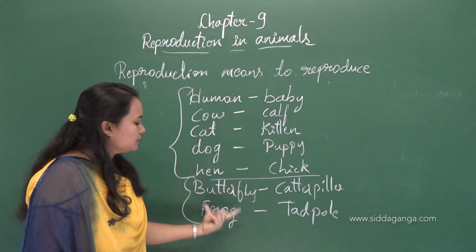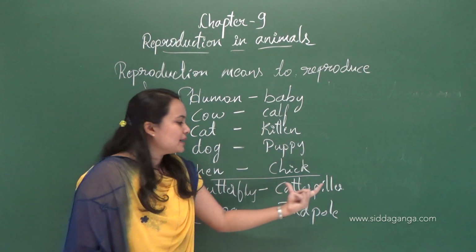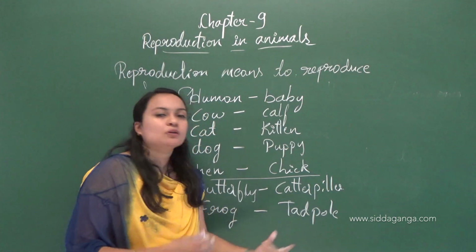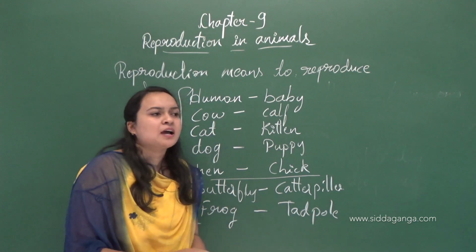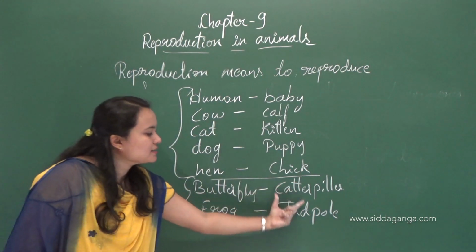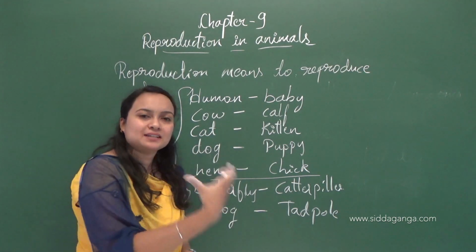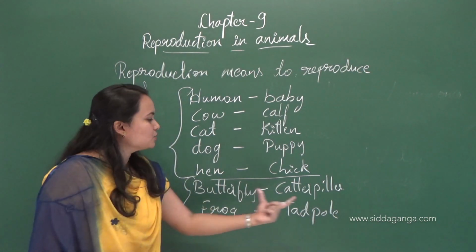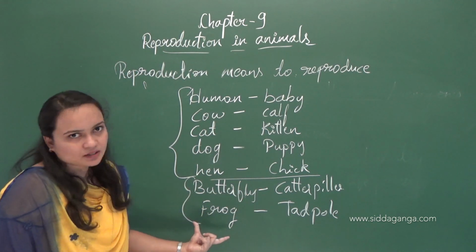In lower organisms like butterfly and frog, caterpillar and tadpole is one of the stages. When they develop and become mature, then they may look similar to their parent.